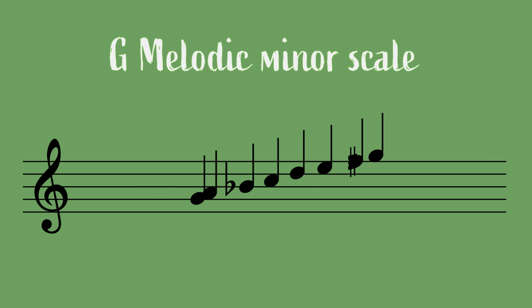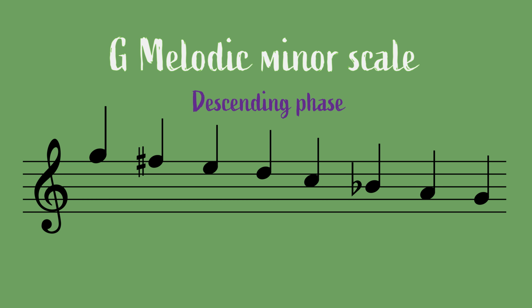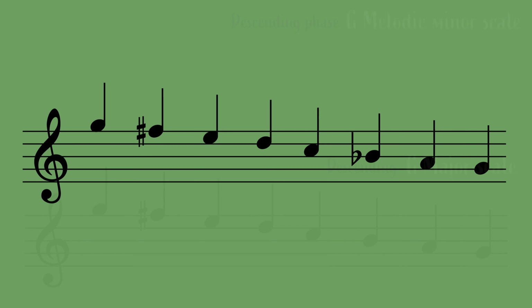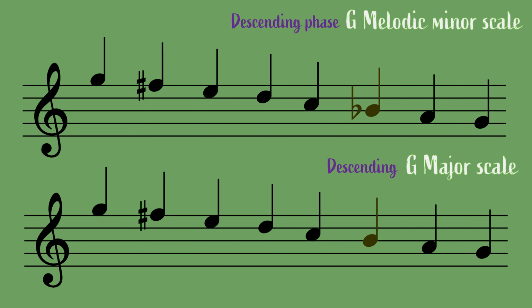But when you play the same notes in a descending way, you soon realize that the first few notes sound very major. Indeed, the only difference with a major scale here is the minor third. So when you play the ascending phase, you first hear the minor third, giving a very minor sound to the scale right away.